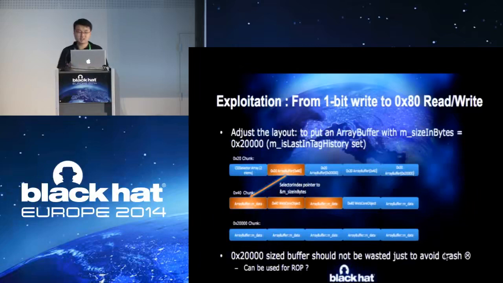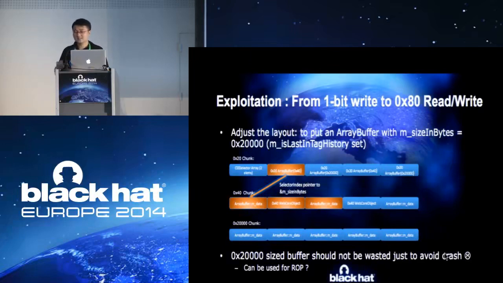So let's adjust the memory layout. We can put another array buffer which has size 0x20,000 behind that 0x40 array buffer, which indicates that m_isLastInTagHistory is set, so that the process will not crash.